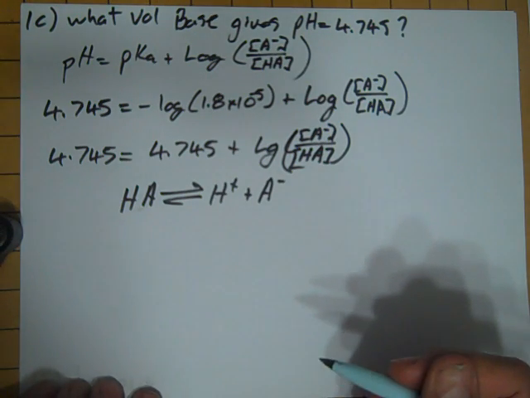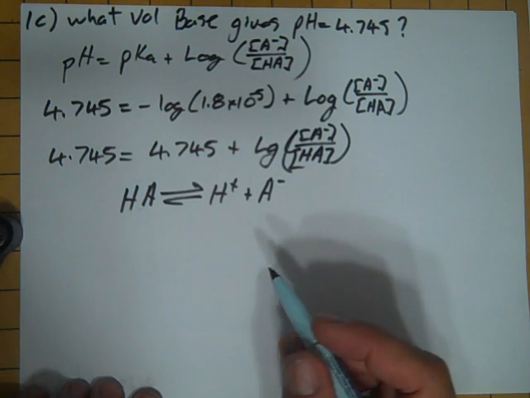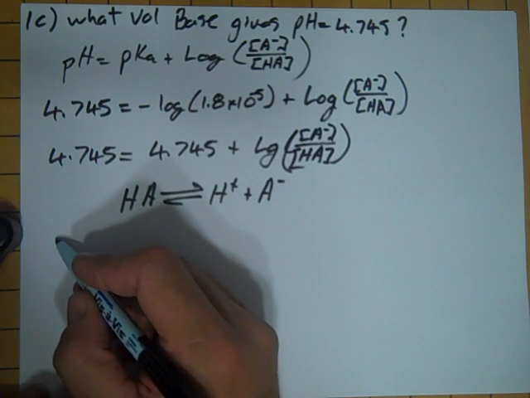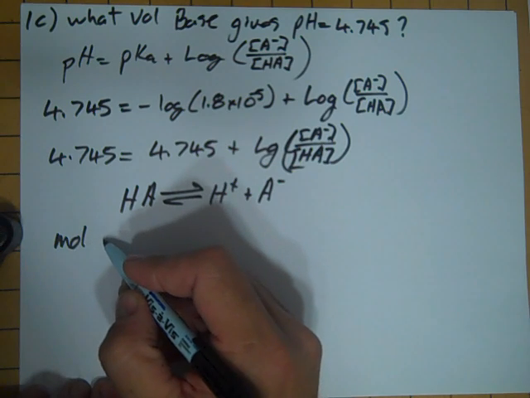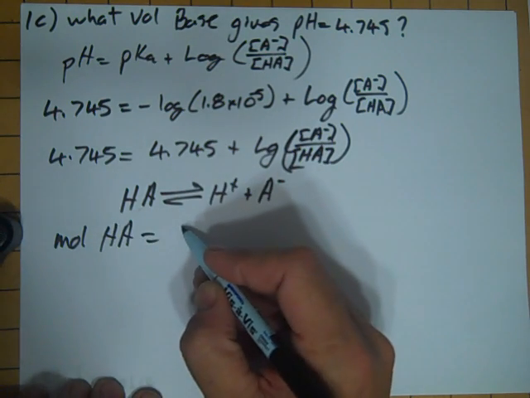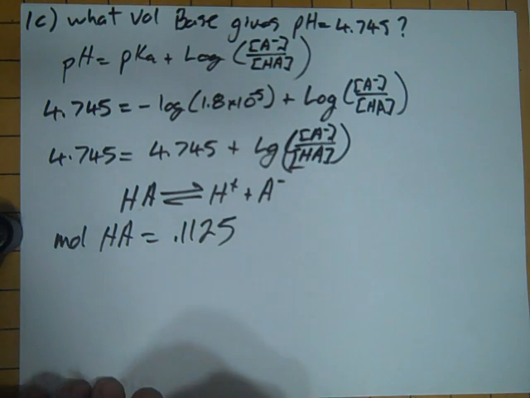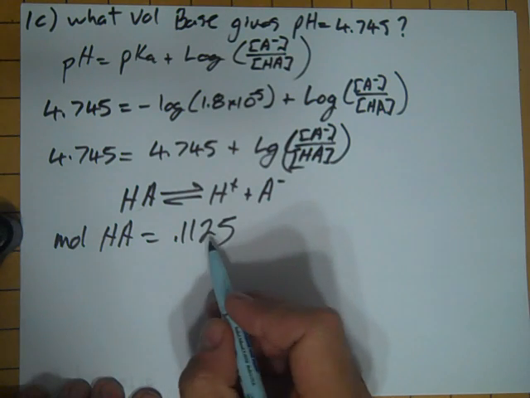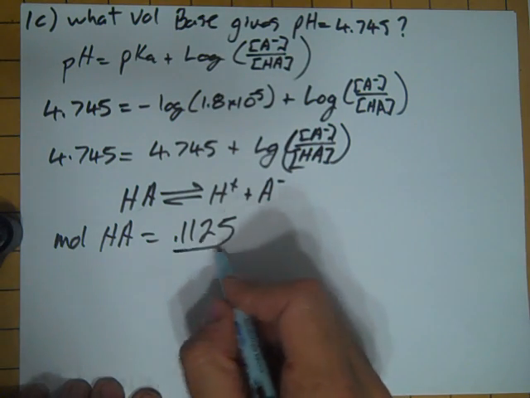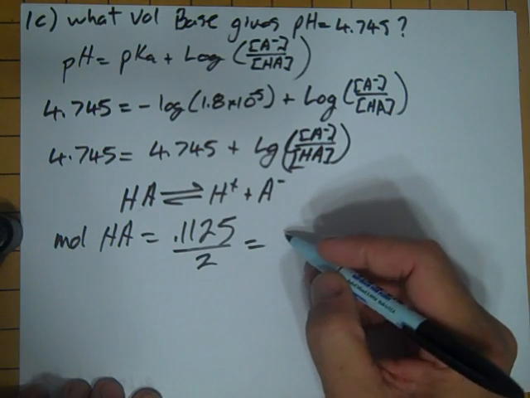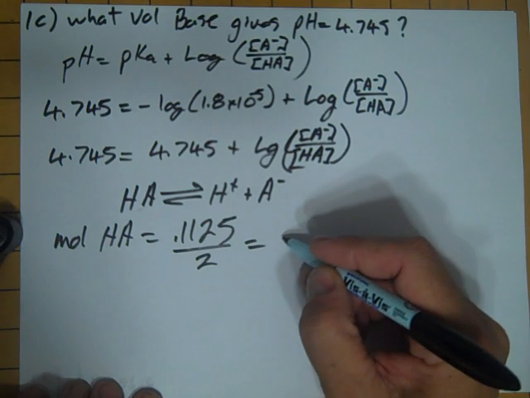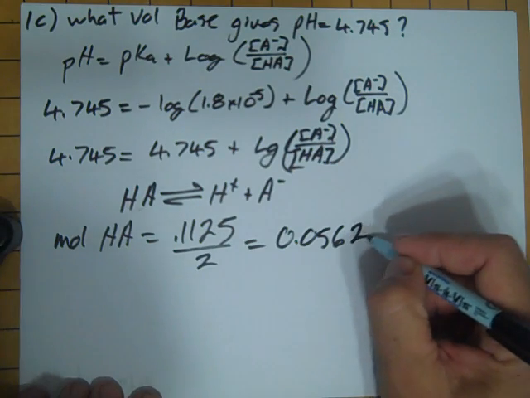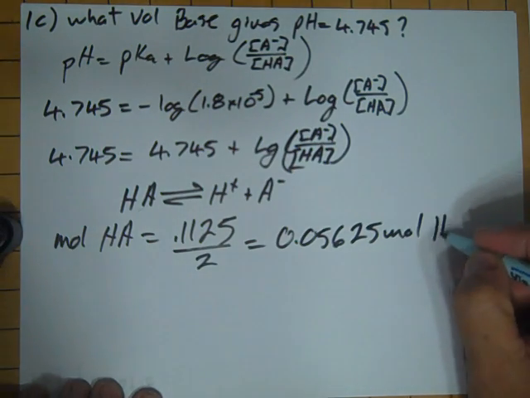So okay, great. Now what do I do? Well, since I can see that I must be at 1/2, I know from the first problem that my moles of HA was 0.1125. So I am halfway from that to 0. So divide this by 2 at the volume where I have 0.05625 moles of HA.